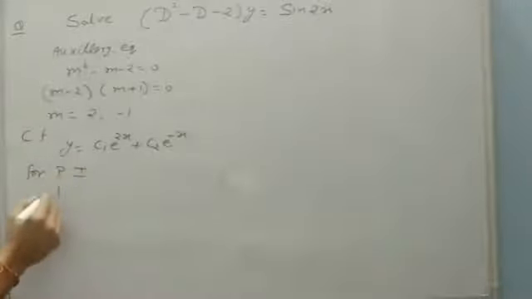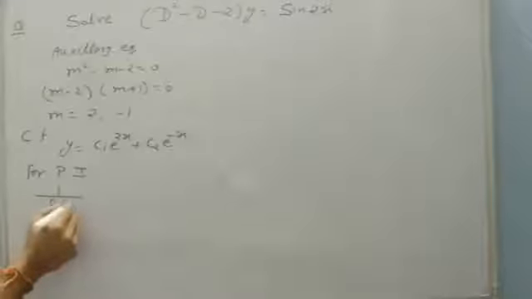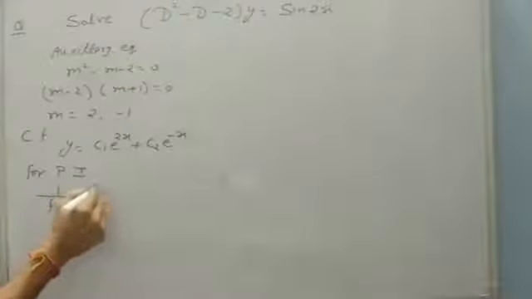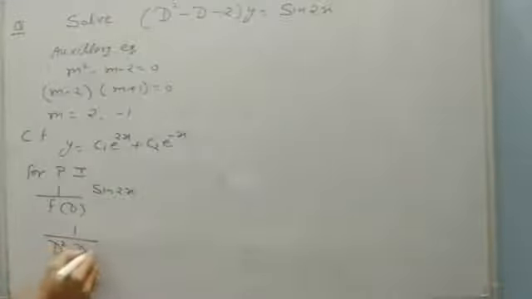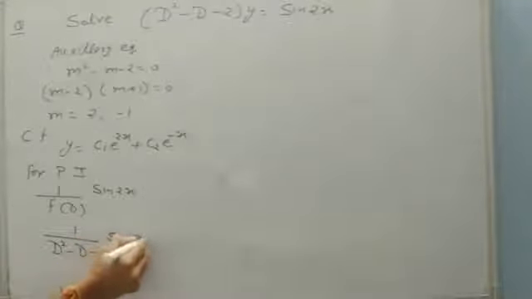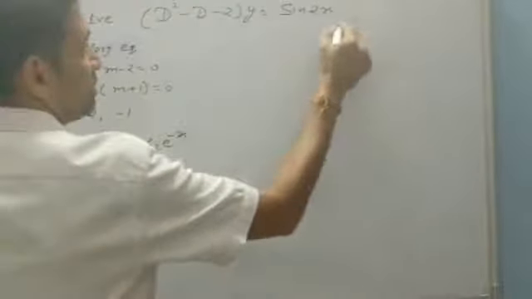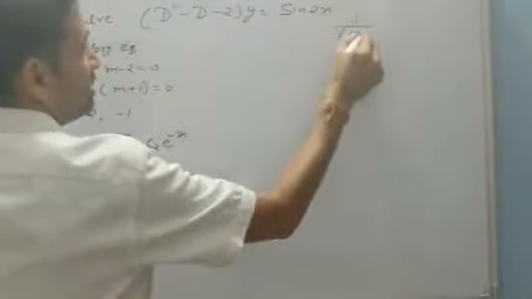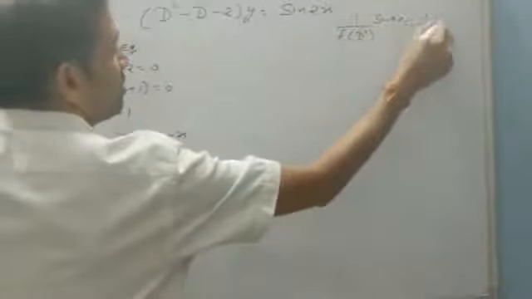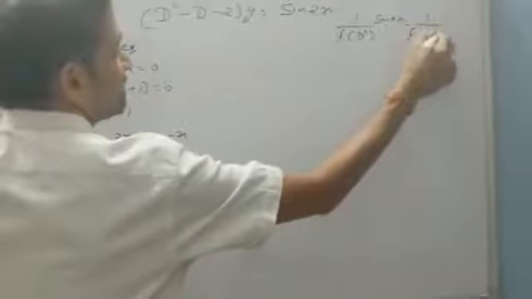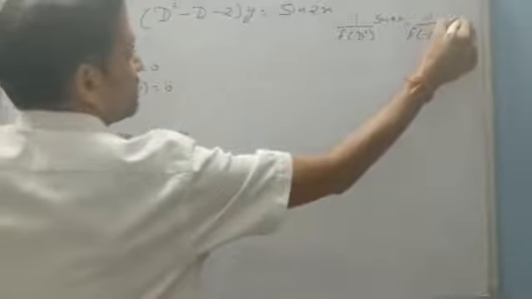Now, for the particular integral, the function will become 1 upon f of d, sine of 2x, or it is 1 upon d square minus d minus 2, sine of 2x. As I told you, the formula for that is 1 upon f of d square, sine ax, equals 1 upon f of minus a square, sine ax.